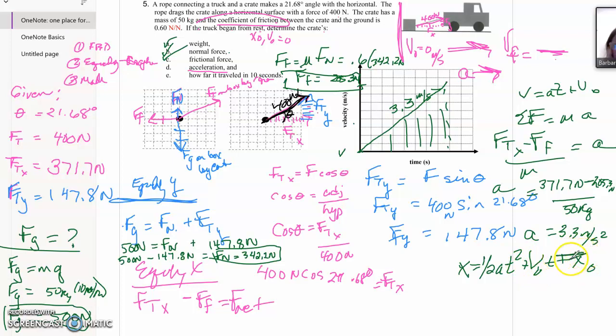It starts from not ahead or behind. It starts from rest. So I just end up with 1/2 of the acceleration.